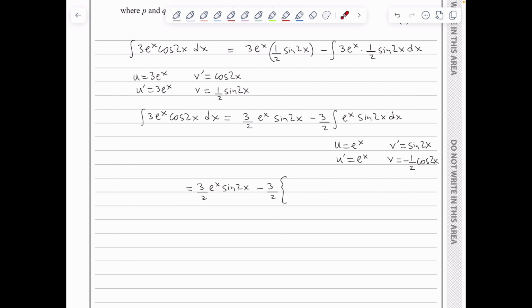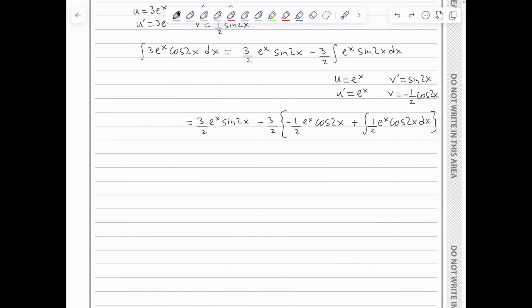We've got uv, which is minus a half e to the x cos 2x minus the integral of u dash v. Well, the minus here will make the minus here positive, so it's going to be plus a half e to the x cos of 2x dx, and we close the brackets here.